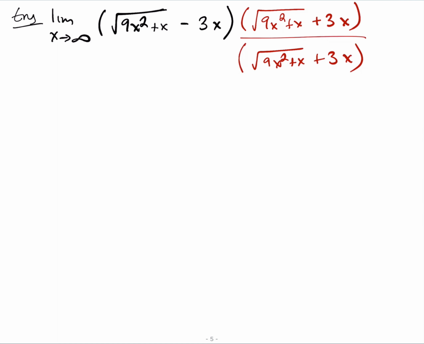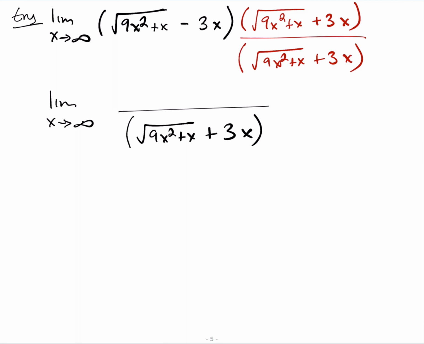And you end up with the limit as x goes to infinity of... Be a little bit careful with what is under the radical and what is not. The 3x is not under the radical, right? Okay, so now when you distribute the top, that's a difference of squares, right?